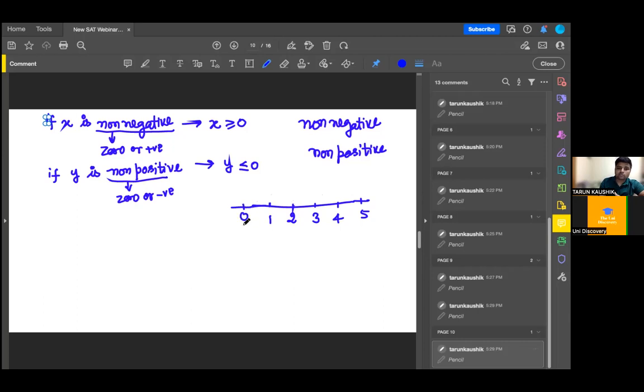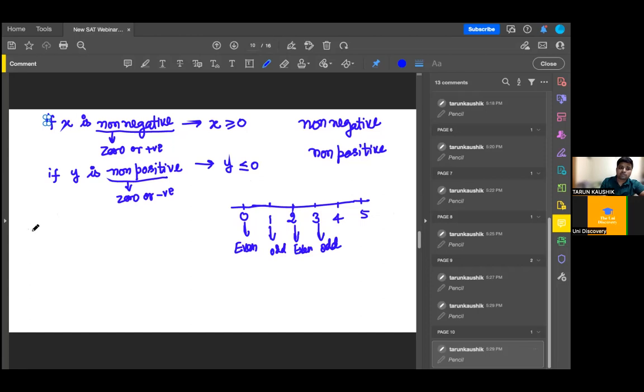If we move on to 0, that means this 0 has to be an even number. So every alternate integer on the number line is even and then odd, or vice versa. If it starts with odd, the next number has to be even.